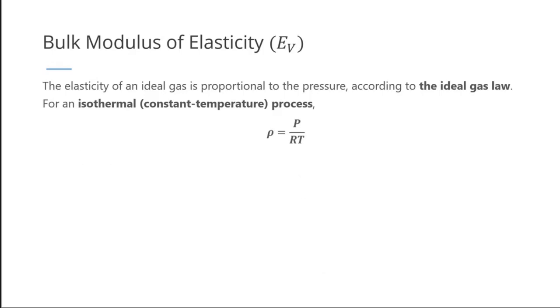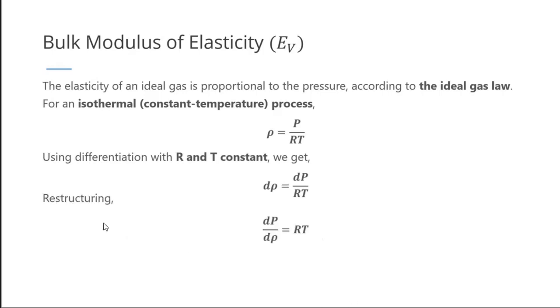So, let's differentiate this again. So, using differentiation with R and T constant, we get d rho is equal to differential pressure divided by RT. So, let's restructure the equation. We get differential pressure over differential density is equal to RT.